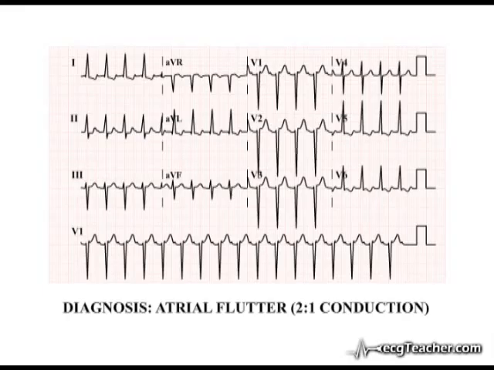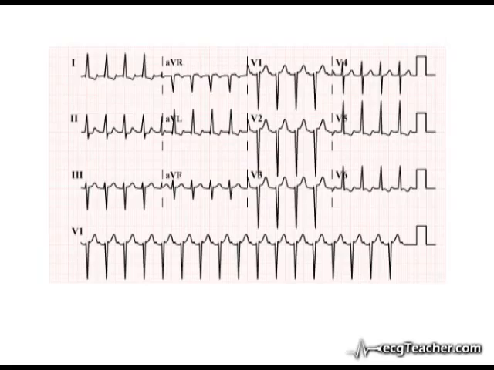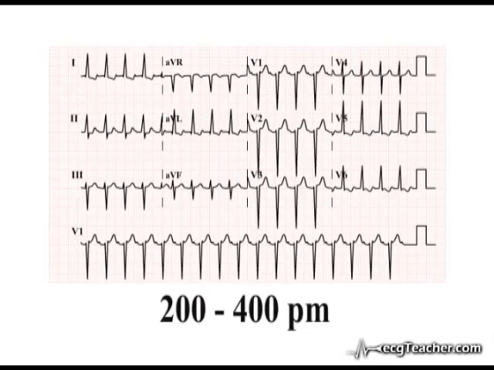Analysis of this ECG shows how easily one can miss this diagnosis. As a general principle, when faced with a regular tachycardia demonstrating a rate of or close to 150 beats per minute, always examine the ECG closely for flutter waves or any evidence of atrial depolarization occurring at a rate in the region of 200 to 400 times per minute.